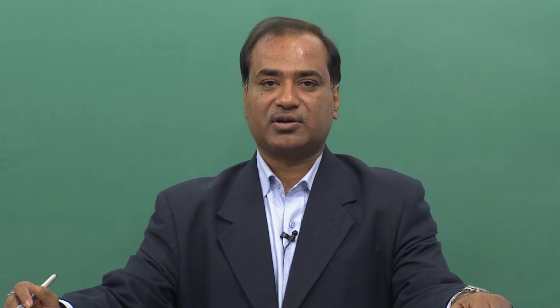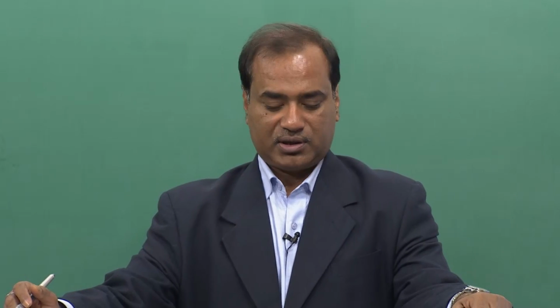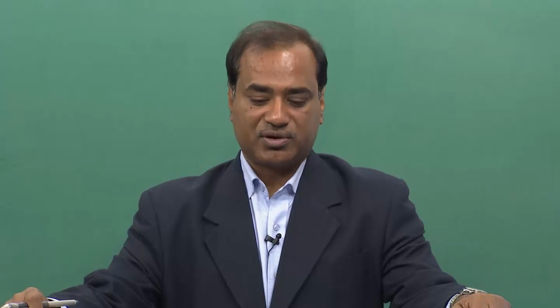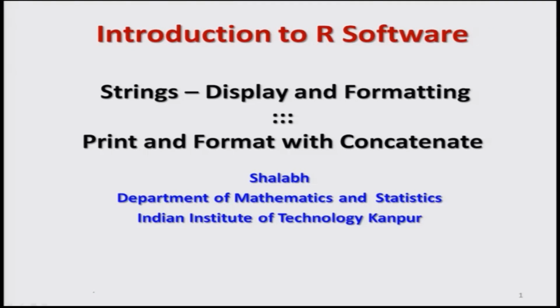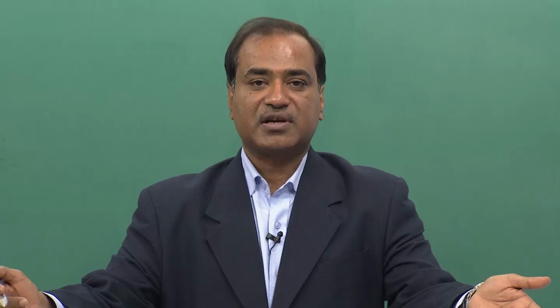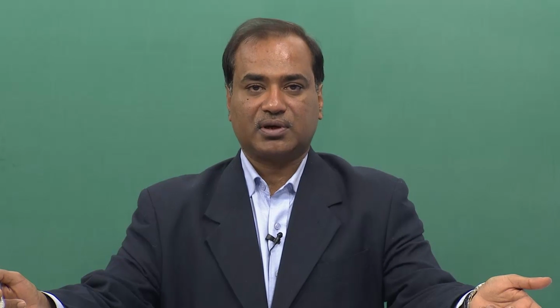Welcome to the next lecture on the course Introduction to R Software. You may recall that in the earlier lecture we were discussing different options to display and format the outcome or the output, and we had discussed the print function.